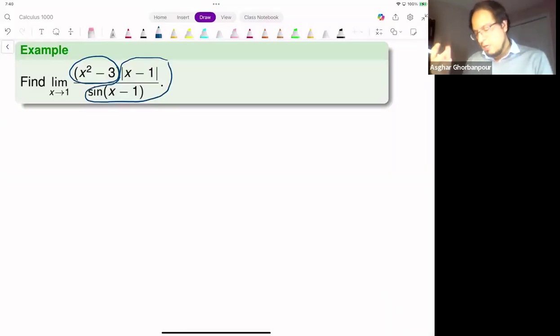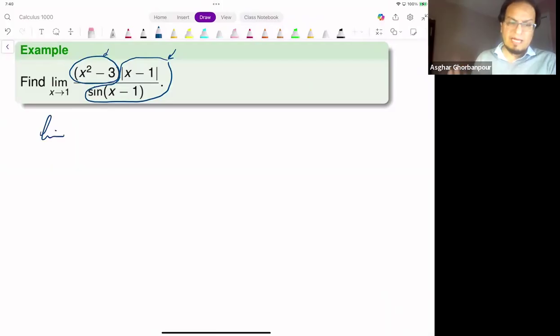Now, if this part has a limit, I already know that this part will have a limit, so we will use the product law and find the whole limit. For a moment, I can drop this and try to see. I'm not saying this is the value, I'm just trying to see. Let me write it in a sentence.